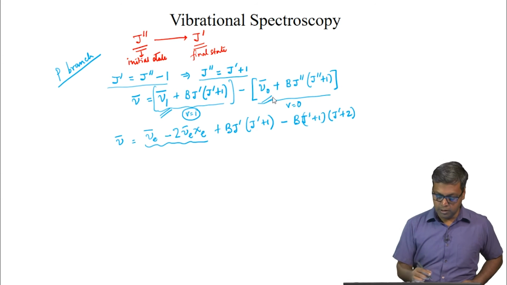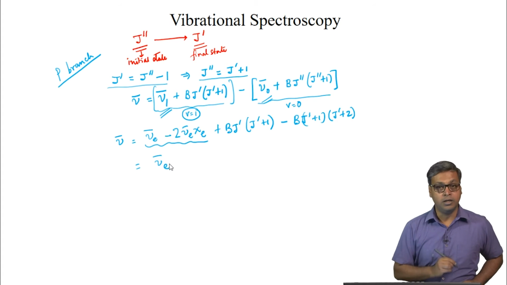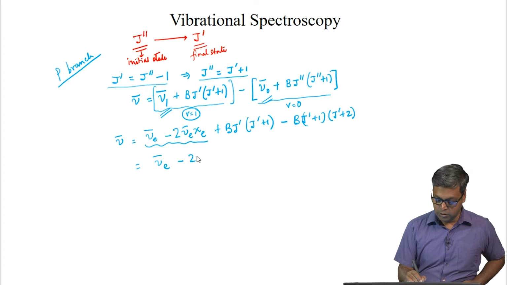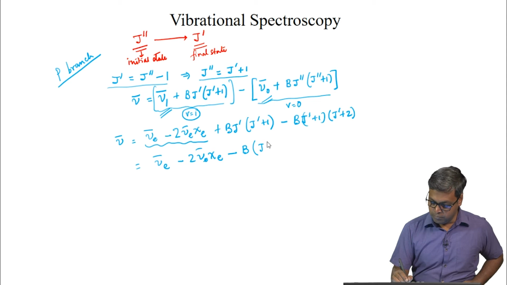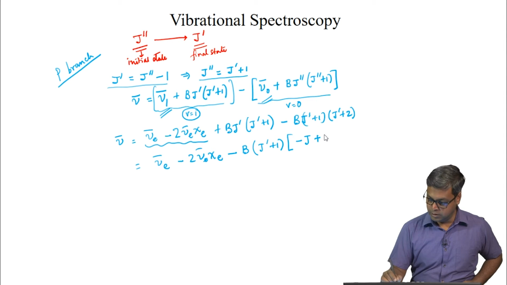If we further simplify this, what we get is nu bar E minus 2 nu bar E chi E minus, if I take B and J prime plus 1 common, then we have minus J plus 2.